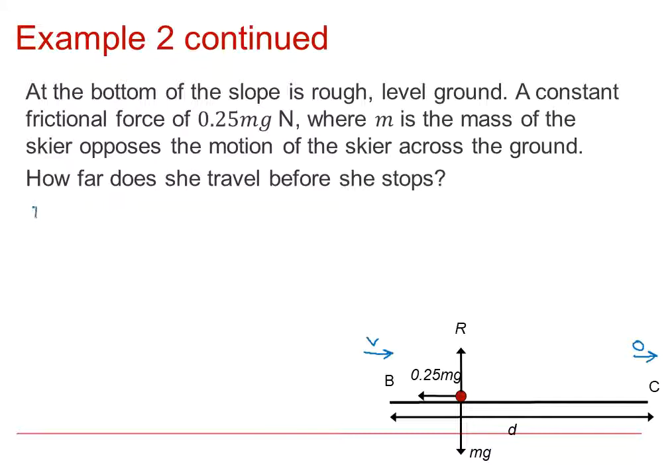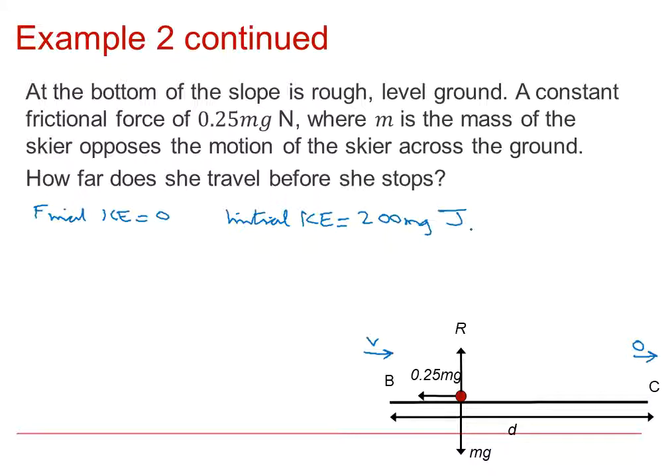So what do we know? We know the final kinetic energy on this level ground will be 0, and we already know from the previous part of the problem that the initial kinetic energy just as they got to ground level was 200 mg joules.